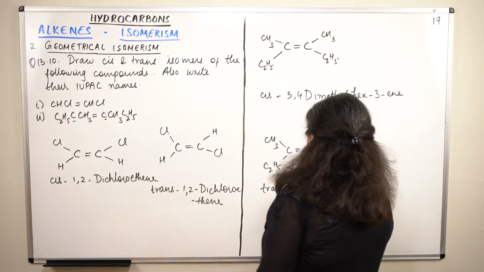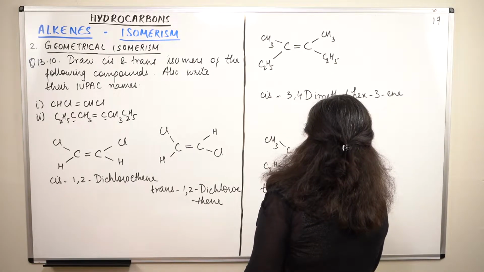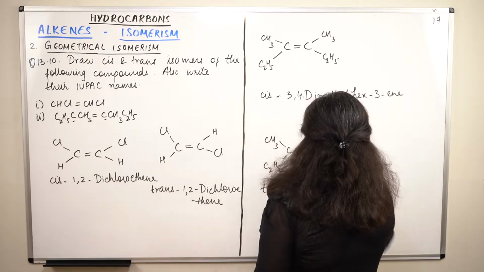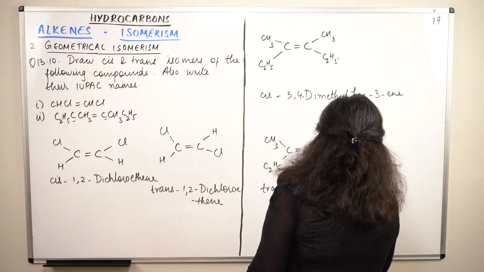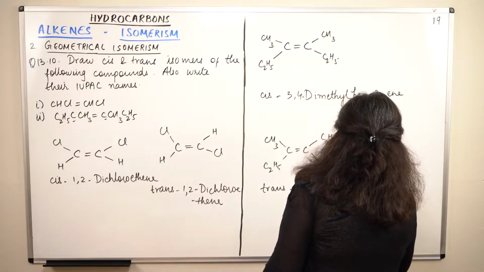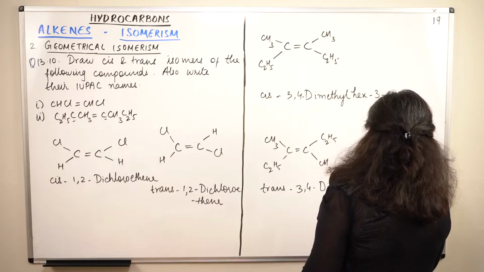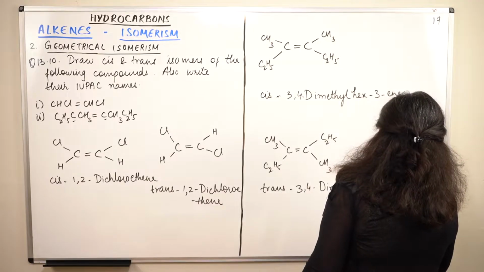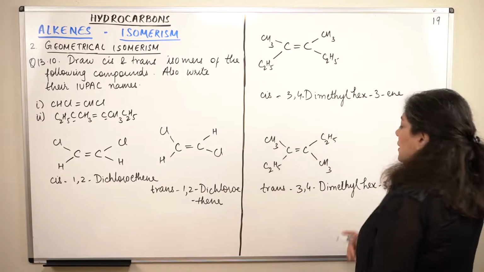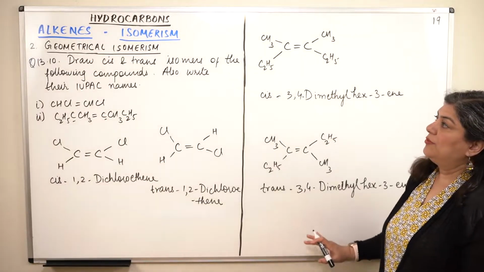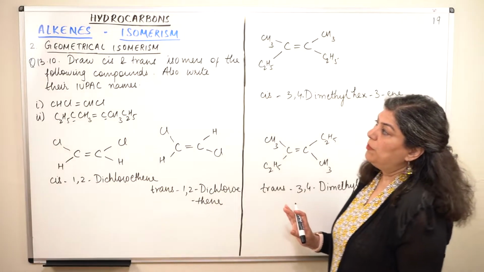So this would be trans-3, 4, there should be a hyphen between these, dimethyl, hex, 3, ene will be the name of this compound. So this was question 3.10.